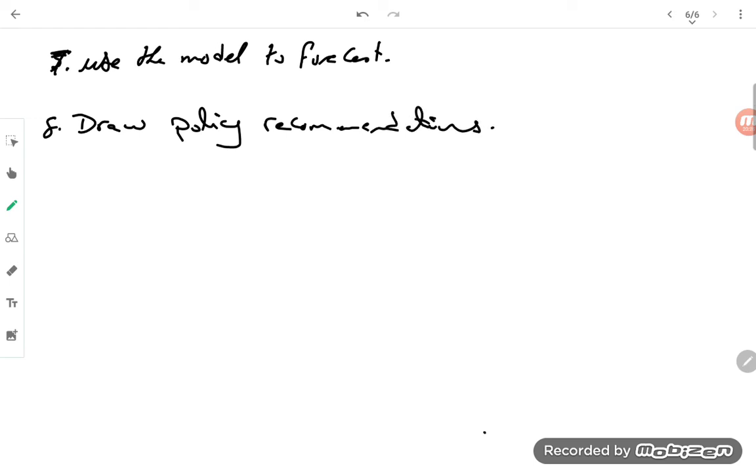So as a result, policymakers can use this model in order to make recommendations to achieve the main objectives under consideration. So these are the 8 main steps that should be followed in order to perform an econometric analysis for any relationship.